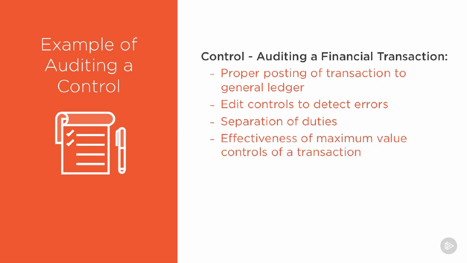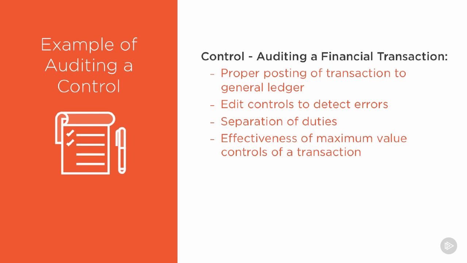We want to ensure that we have the correct controls in place to prevent errors or prevent serious or material weaknesses in the processing of a financial transaction. This will quite often include areas such as having a maximum value control on a transaction.